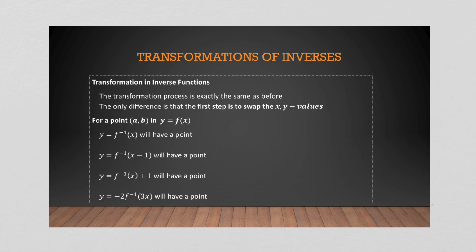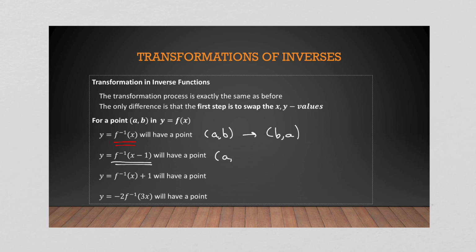So now how do we consider this with transformations? Well, it's exactly the same way we looked at transformations in our 2 videos for section 2.4, but the first step is going to be to swap our coordinates. So here we have inverse function. So my point AB becomes my point BA. Boom, done. Here I have inverse function and then a transformation.